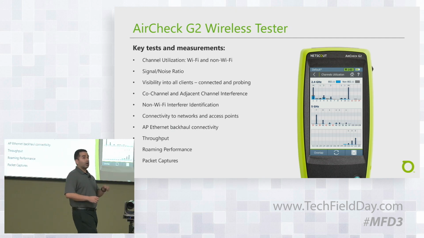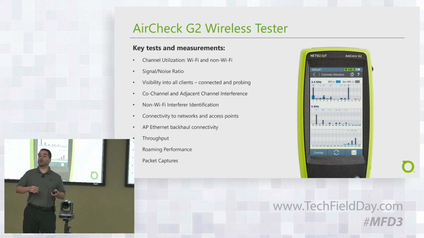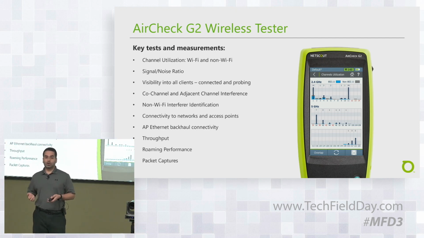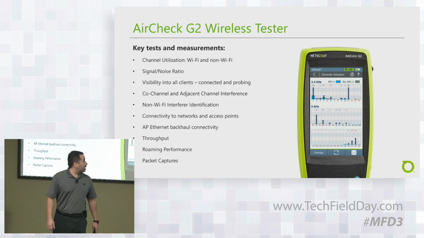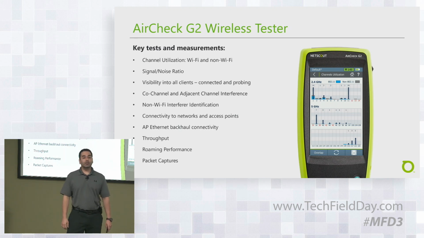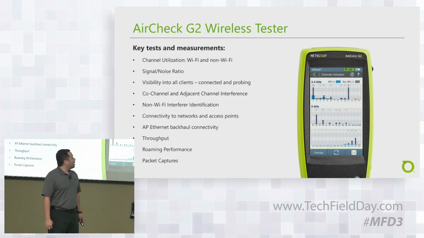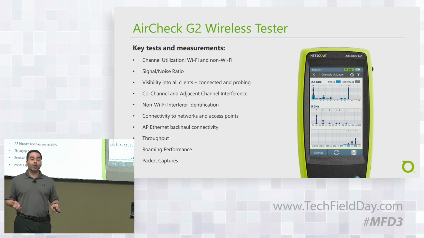Different from, for example, apps, which will give you visibility on clients that are connected to the network, here you can also see those that are not connected, or basically just sending probe requests out there. You have also co-channel and adjacent channel interference. So basically, interference between any access points, or Wi-Fi devices, sorry. Non-Wi-Fi interference. Are there any Bluetooth, cordless phones, and other weird stuff out there interfering with the network? You can see that there.